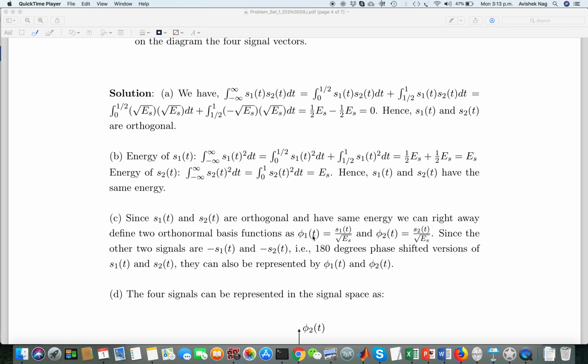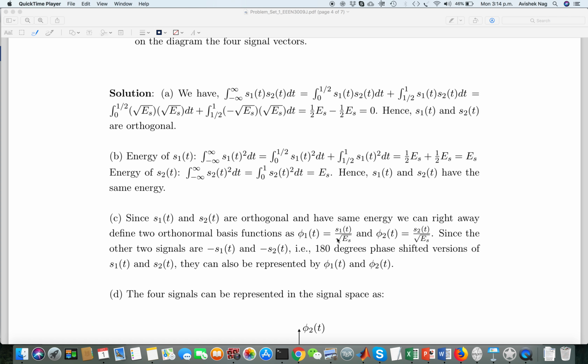If you try to show that phi 1t and phi 2t are orthonormal, you have to integrate these two quantities, and you can see that the integral is basically the integral of S1t and S2t divided by Es, and this will be 0. And if you try to calculate the energies of phi 1 and phi 2, you will see that the energies are the integral of this whole quantity squared.